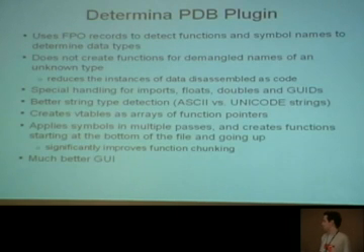Here are the improvements that I've made in my plugin. The first one is I use FPO records to detect functions. FPO stands for frame pointer omission record. For functions that don't have a base pointer, it's very hard to get a stack backtrace in a debugger.